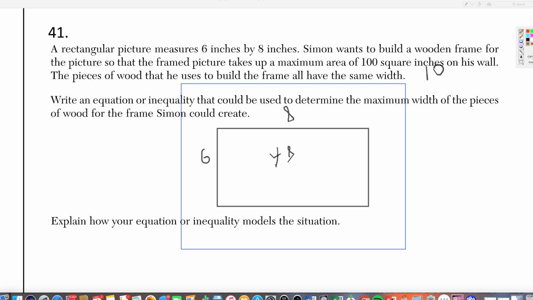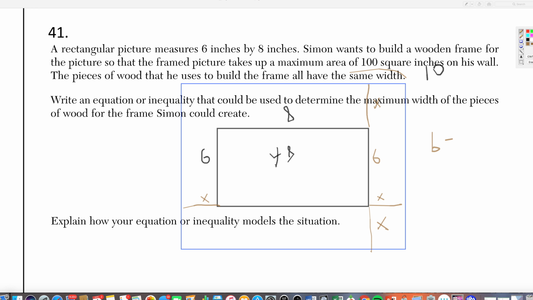Now, the way that you're going to get to the big frame is by adding a frame here, right? And adding a frame here. And also by adding a frame here and adding a frame here, right? And then they say that the pieces of wood are all the same width. So what that tells me is that this is called X and this is called X, and that this is called X and this is called X. Now, this used to be 6 long, how long is it now?